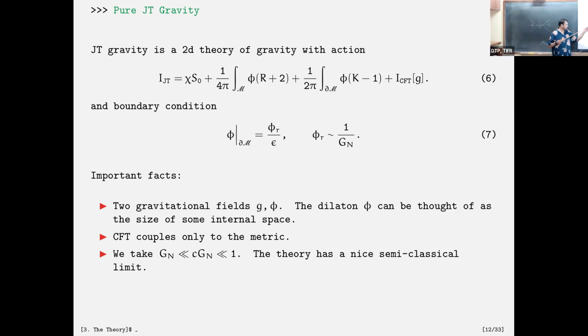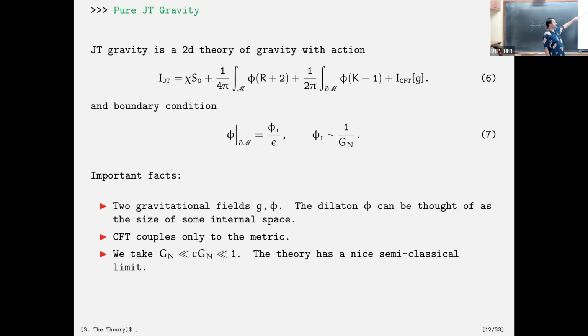Then I will, as Sandeep mentioned, take this order of limits where G Newton is much less than c G Newton is much less than 1. I guess the correct statement is that I'm being non-perturbative in c G Newton, but taking G Newton to 0. Is that the formal statement? Usually that's what. Okay, good. I have not thought about the formal wording, but that sounds right. So the point here is that the curvature is going to be -2, the metric is completely fixed.